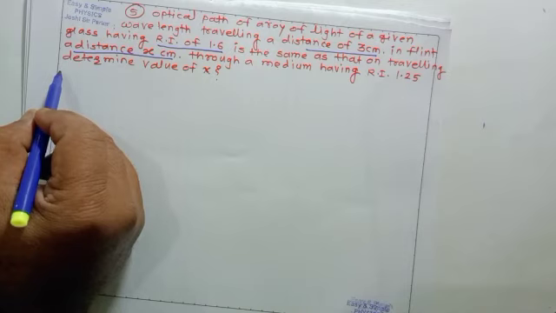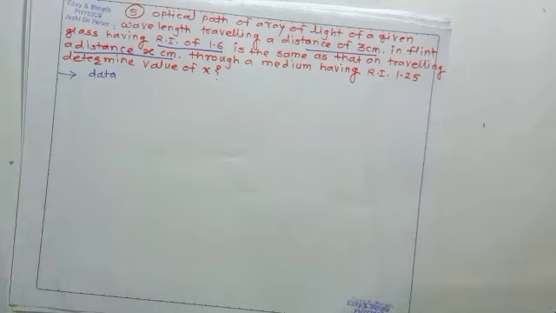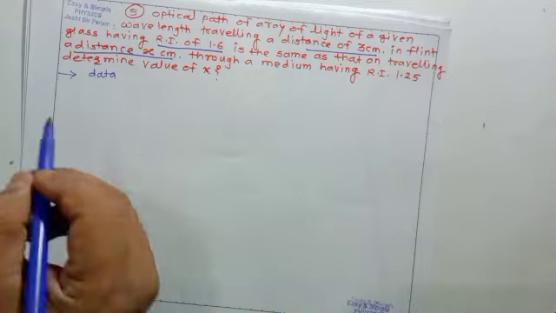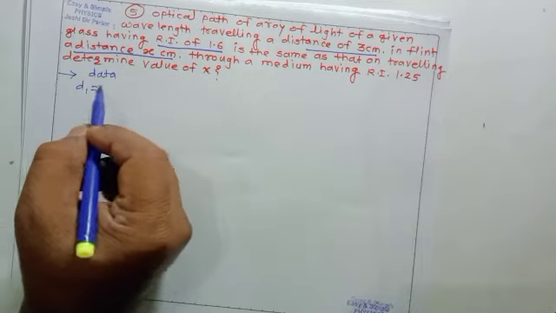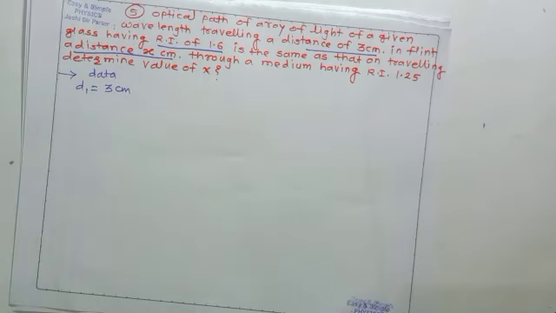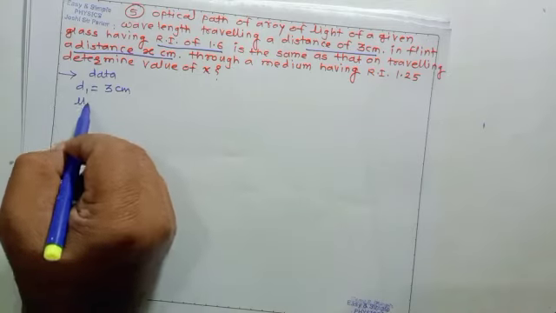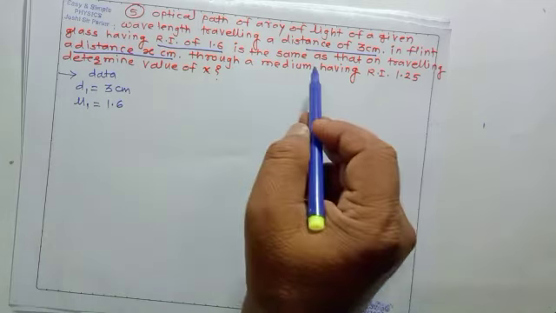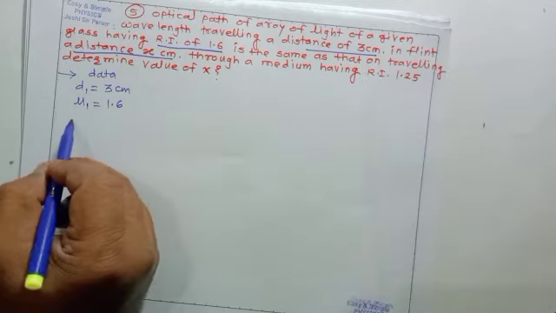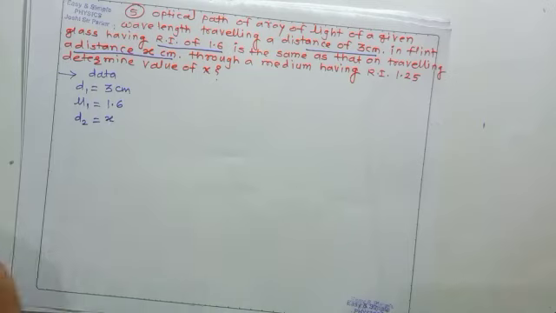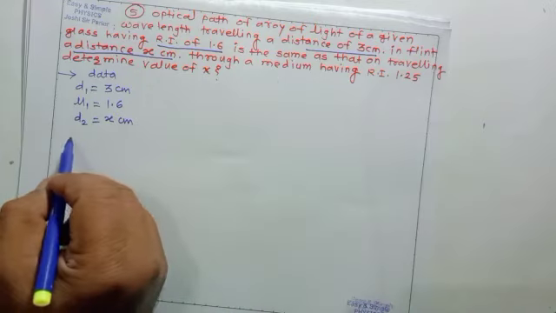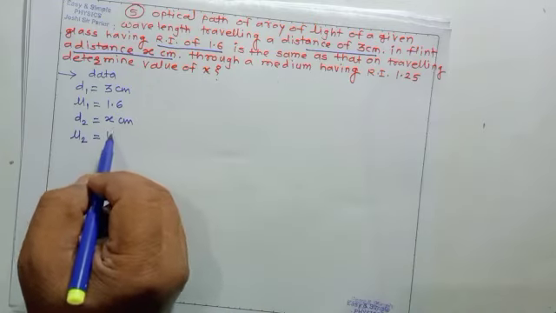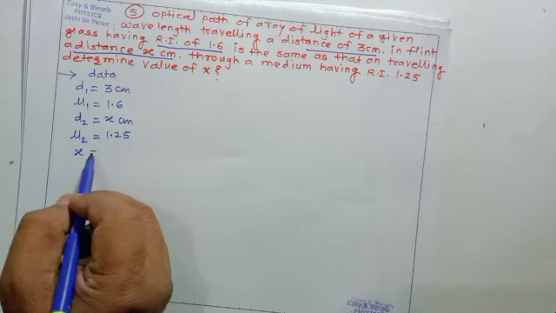Here the first thickness is 3 cm in flint glass with mu 1 equal to 1.6, same as traveling distance d2, that is x centimeter, through a medium with refractive index mu 2 equal to 1.25, and we want to find x.